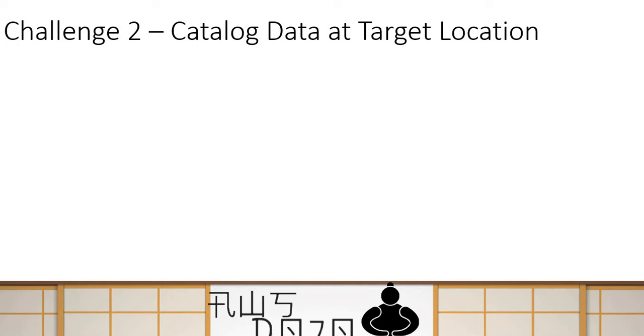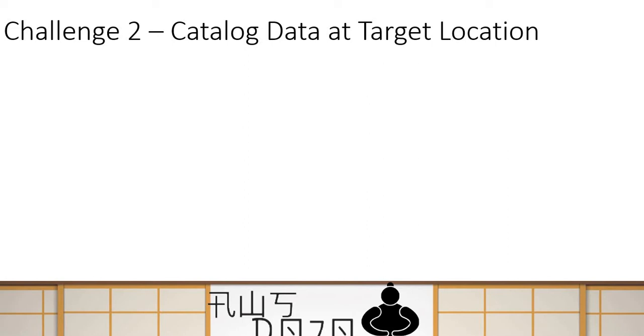Since cataloging is very important, when you write your data at the target, you want to also catalog that data. So you have a source data which you read, and then you did some transformation, and then you wrote the data at the destination, and then you want that data to be cataloged again.